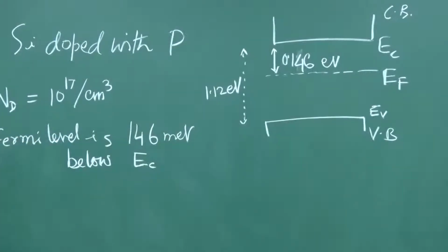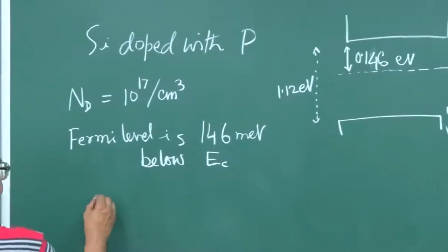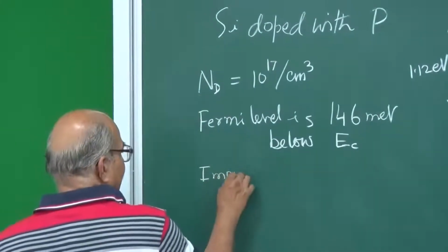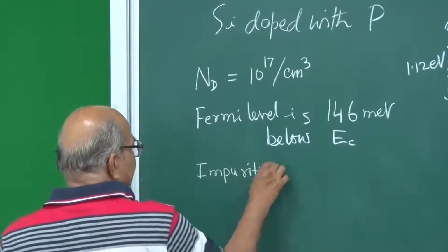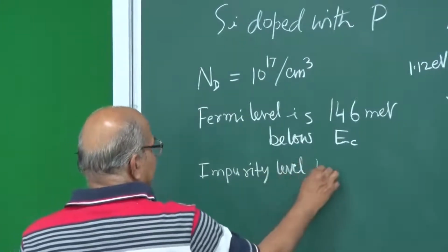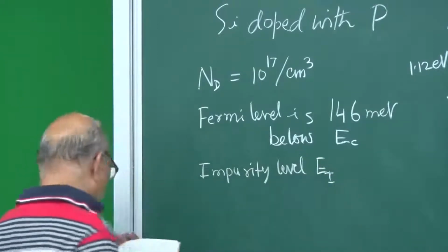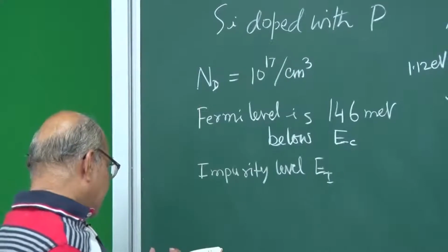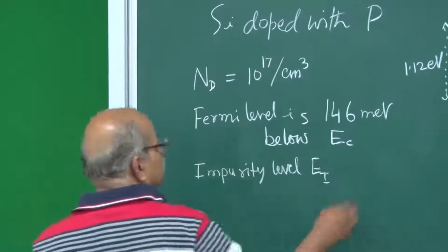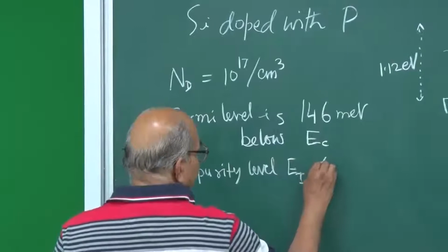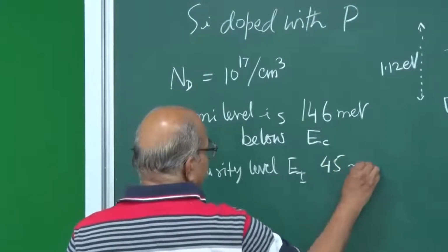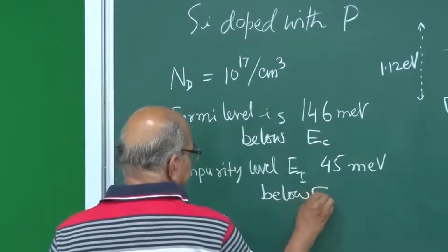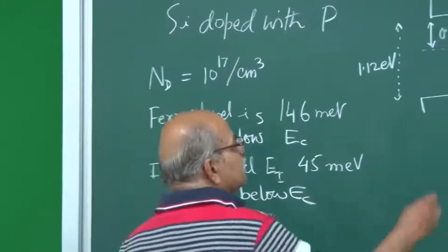And then another piece of data is given: ED, the donor impurity level, you can call it E impurity, is 45 meV below EC. So the impurity level is formed somewhere here.